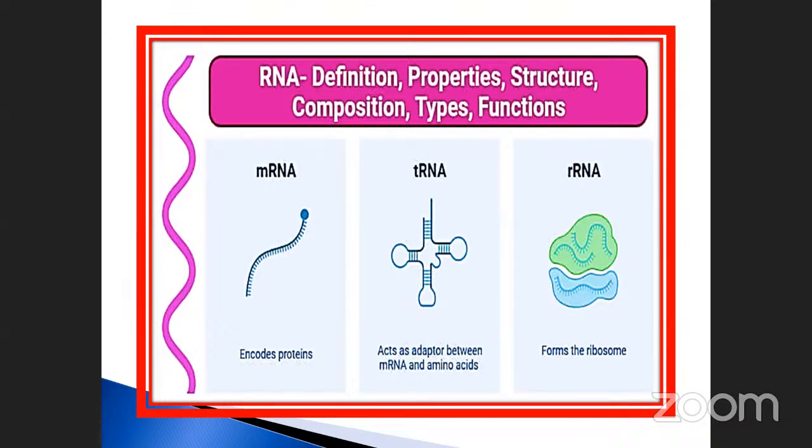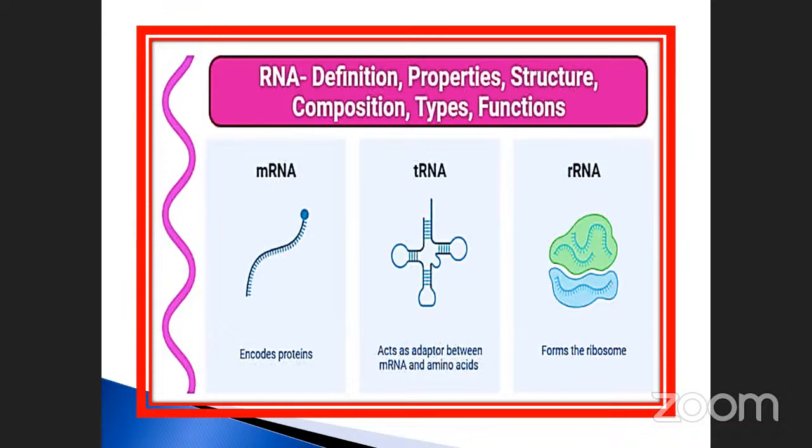rRNA is called ribosomal RNA because it is made up of ribosome. Already you know ribosome is essential for protein biosynthesis. Otherwise, it is called a protein biosynthesis factory. The ribosome has two subunits. One is called the large subunit, and the other is called the small subunit.